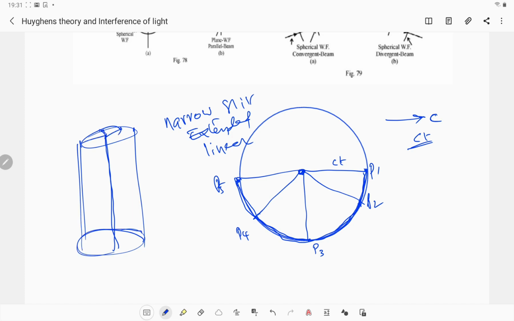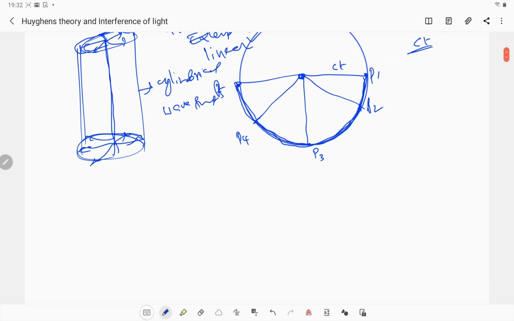Here the rays are moving like this in all directions. Therefore, this is a cylindrical wavefront. The source is a narrow slit or extended source or linear source. If the source is point, it is a spherical wavefront.